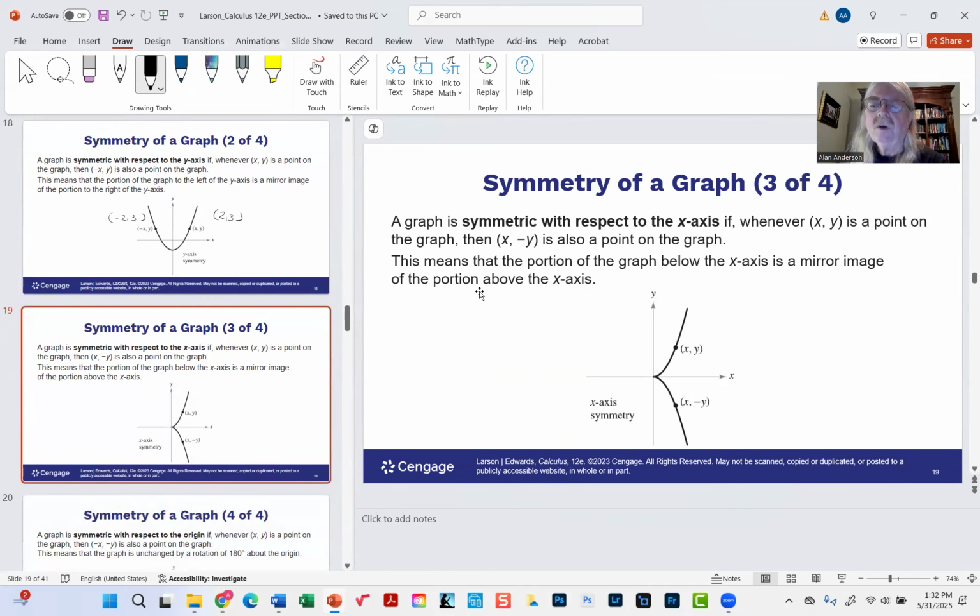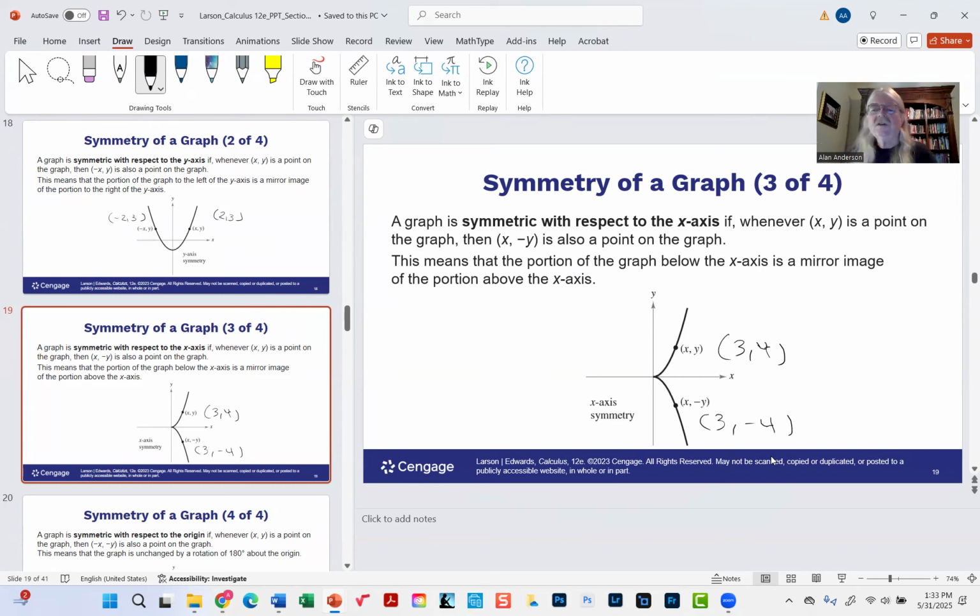From top to bottom, or with respect to the horizontal axis, which we can also call x-axis symmetry, if there exists a point x, y in the first quadrant in this case, then in the fourth quadrant there's guaranteed to be the point x, negative y. So in other words, if this is the point 3, 4, we know that down here we'll find the point 3, negative 4.